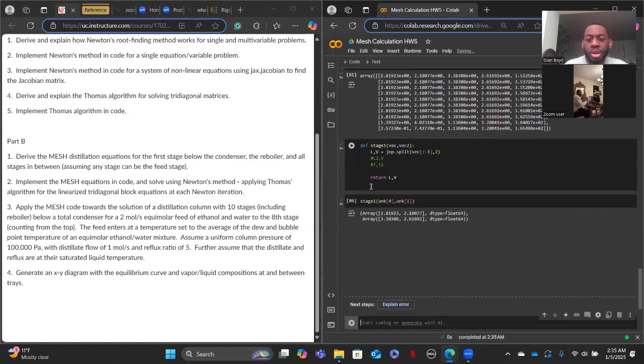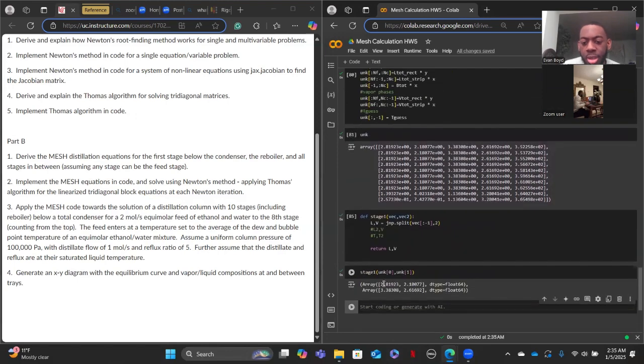But we compare these, and we will then see that we get what we are looking for. So for our liquids, we get that it matches for our first column. That gets our 2.819, and then our 2.18. And then we get our 3.38 for our vapor and our 2.61. Okay, so this is correct. And then we just have to do this for the rest of them.